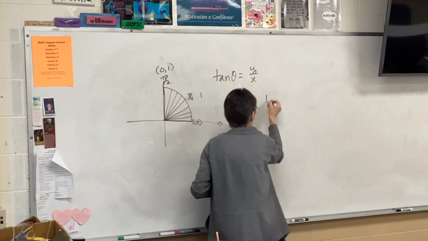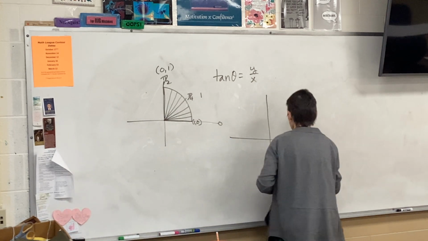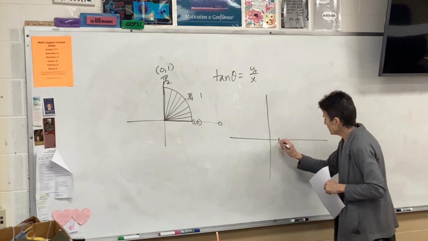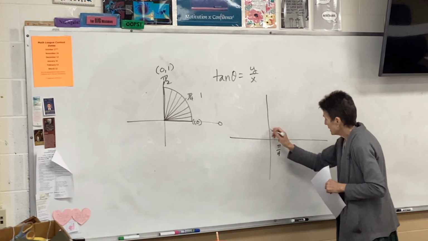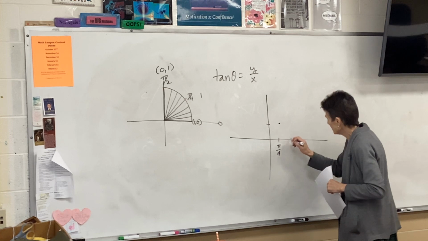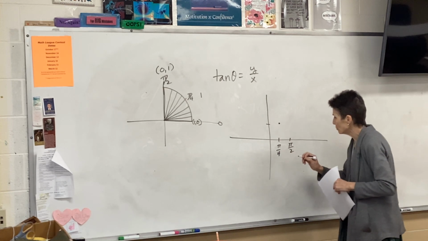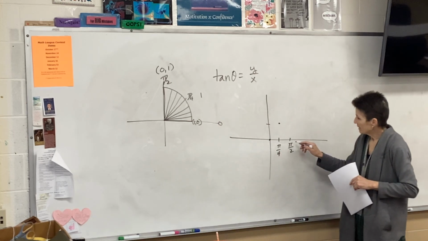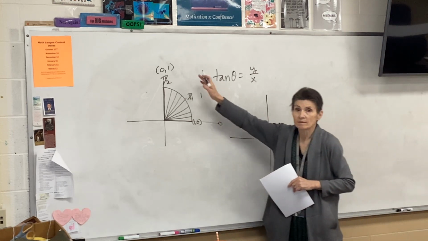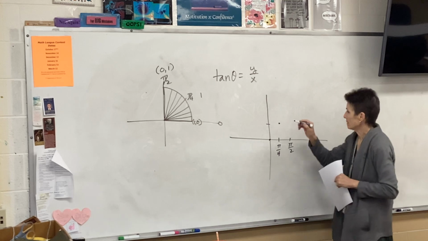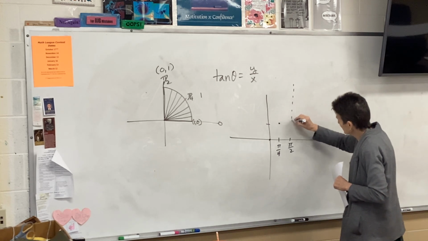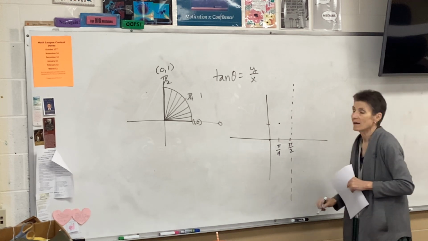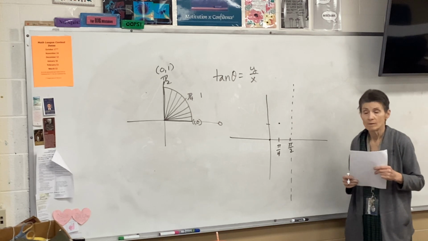So let's see if we can put this in a picture. So here's pi over 4, and we said that slope was 1. And here's pi over 2, and here's 0, we said that slope was 0. And at pi over 2, we said the slope is undefined. Undefined is expressed as a vertical asymptote.